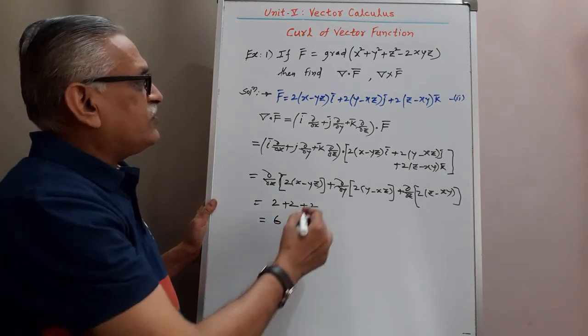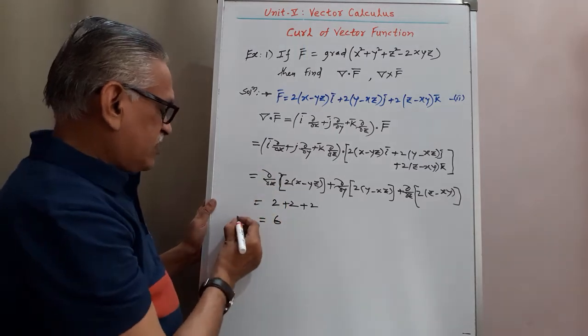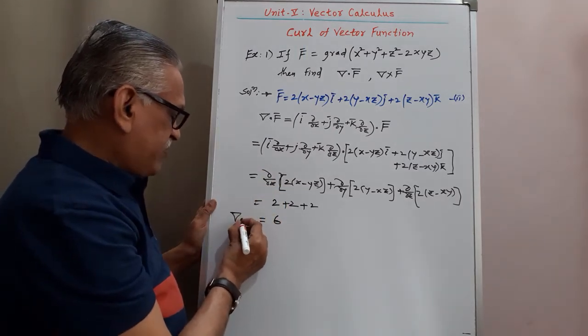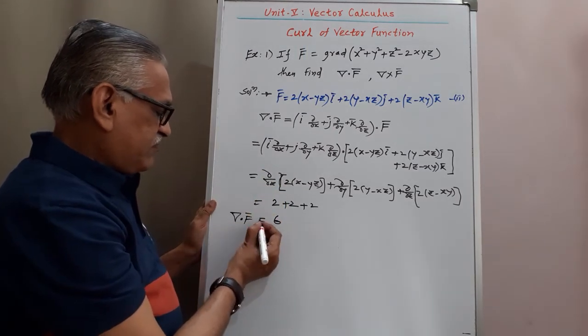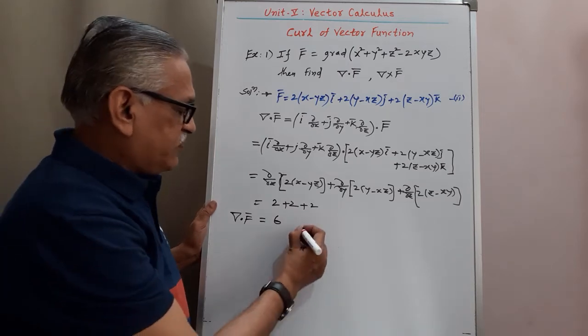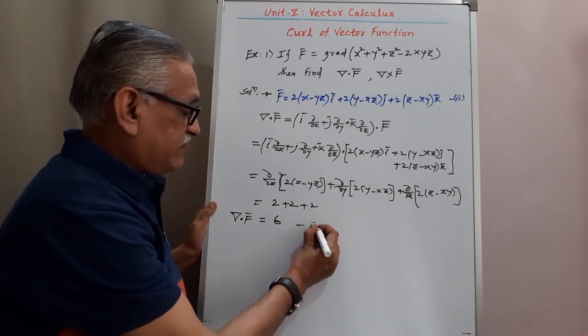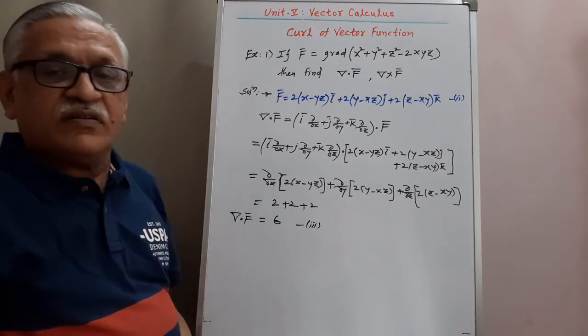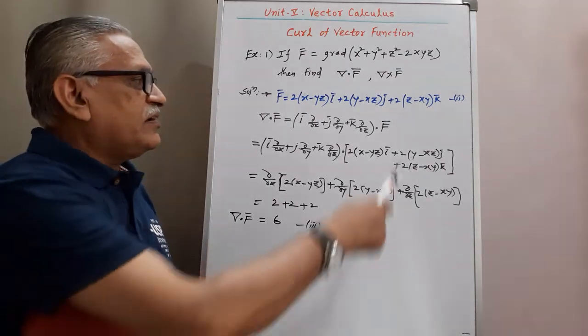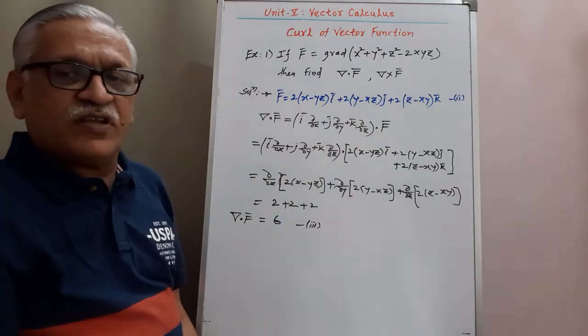This is the value of that del dot f bar or divergence of that f bar. We call this as equation number 3. Next, we require to find del cross f bar.